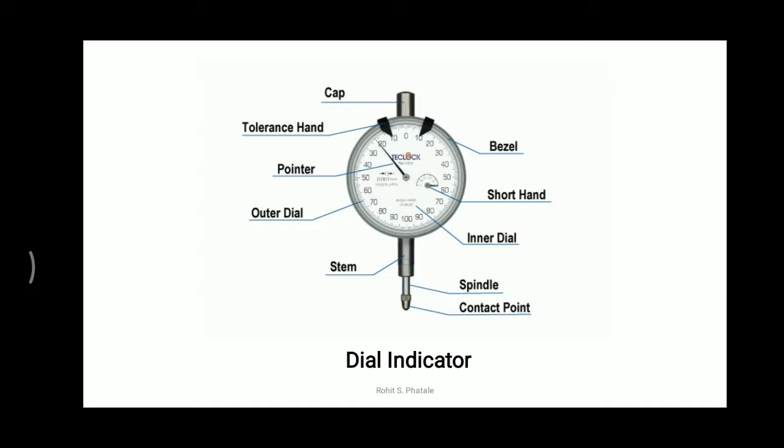Along that scale, right now the pointer is showing 20 units. So what is that 20?